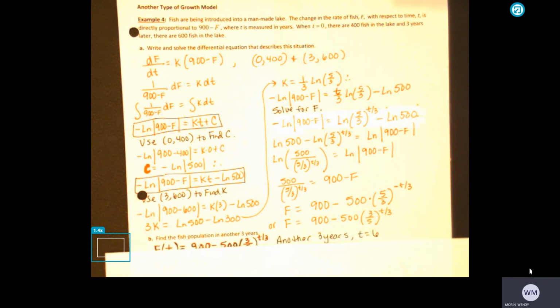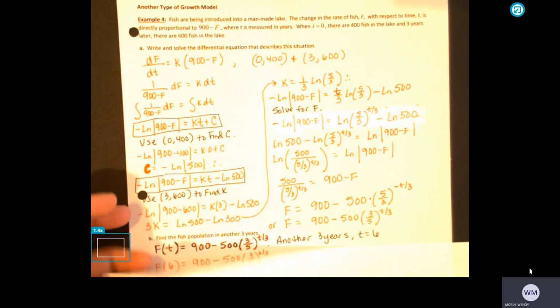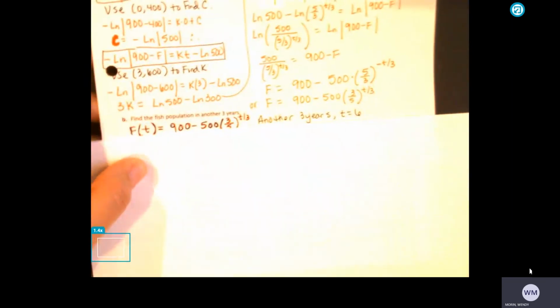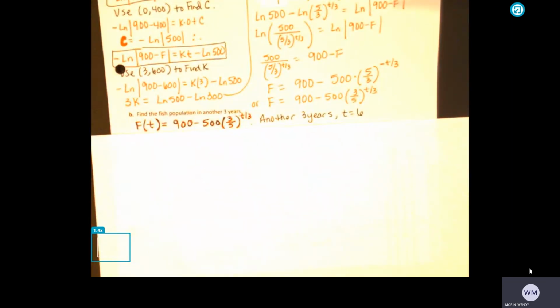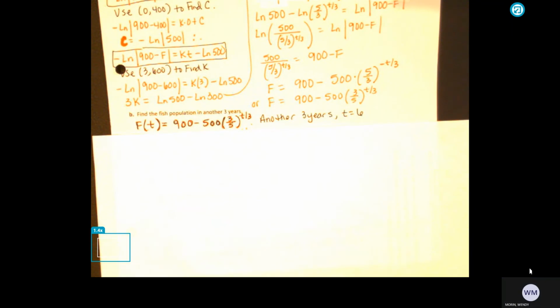So then it says, find the population in another 3 years. Well, we're just going to use whatever equation you want. In another 3 years, that's not t equals 3, that's t equals 6, because you already know what it is at 3. If I plug 3 into here, I should probably get 600. Yep, I do.